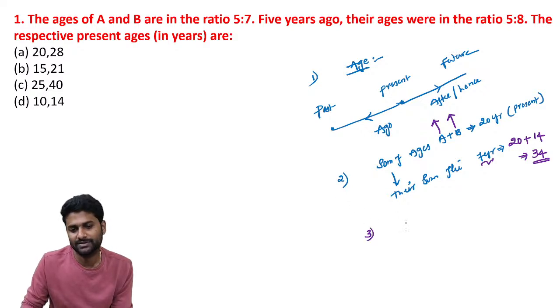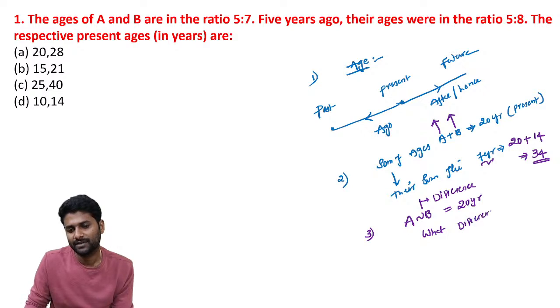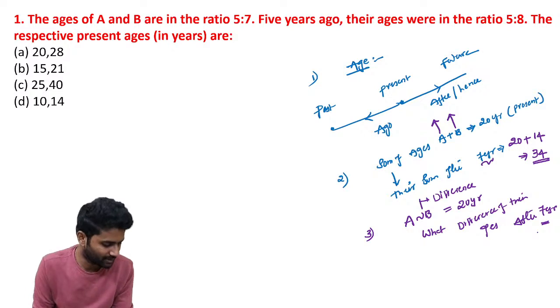Let me take the third concept: difference of their ages. Difference of their ages is 20 years. Now, what is the difference of their ages after 7 years? This is the third important point.